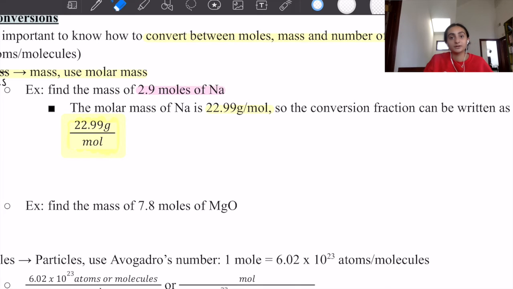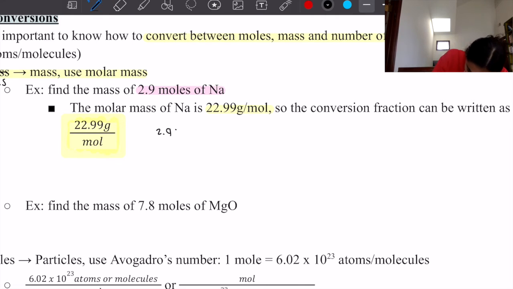So we know that with conversion fractions, we want the unit that we started with to cancel out. And that means it has to be on the denominator of our conversion fraction, usually, unless you have a reciprocal. So we are going to go with this conversion fraction. And also you abbreviate moles in a conversion fraction or units by just writing MOL.